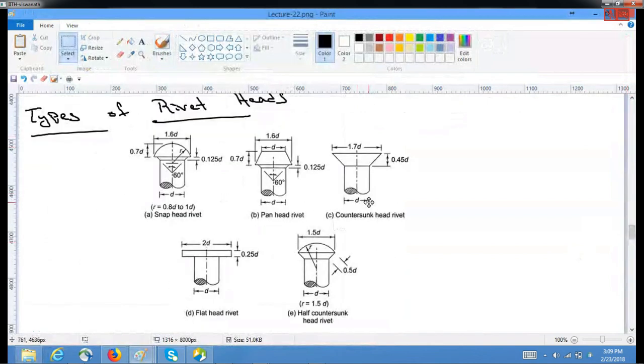These are certain types of rivet heads. The first one type in the first figure shown is a snap head rivet, or it also represents something like a button which we generally wear. So it is also called as button head rivet.